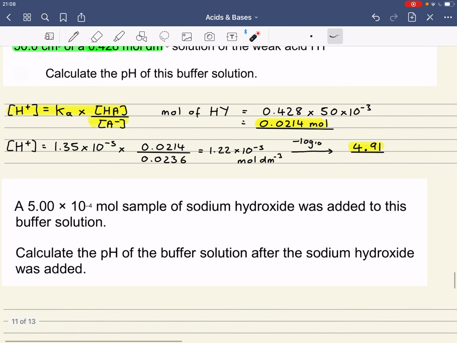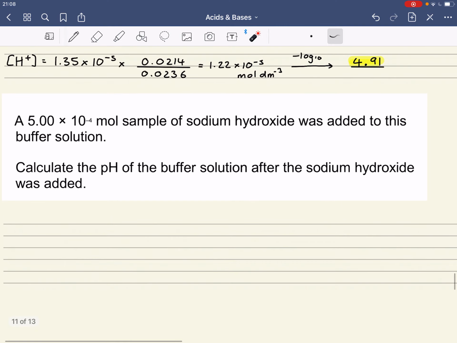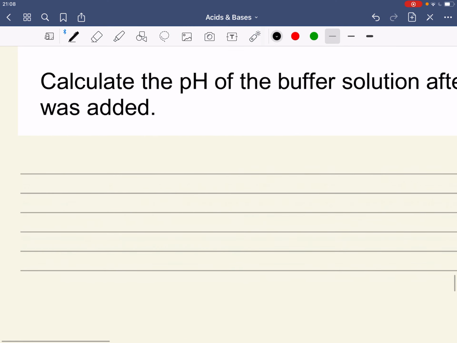So I've got this buffer solution now, and I've now added sodium hydroxide. So if we apply what we said in the buffer action video, I've got my HA in equilibrium with H plus and A minus.